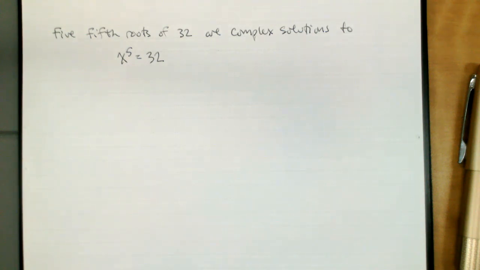This is just an equation form of asking the question, what are the fifth roots of 32? We know there's one real one, that's the 2.